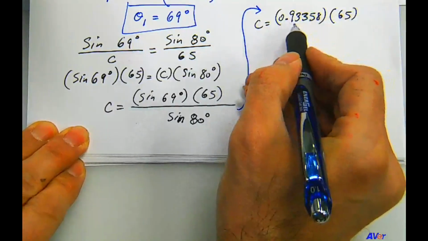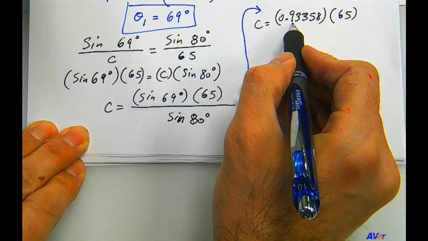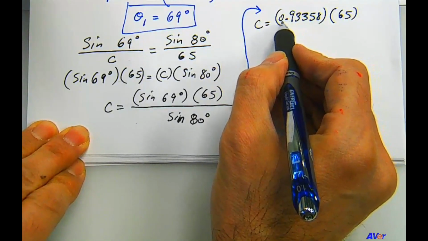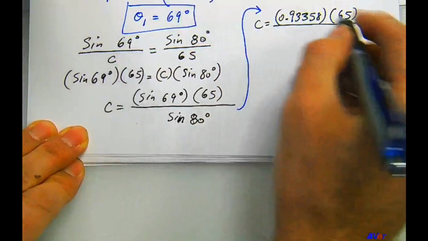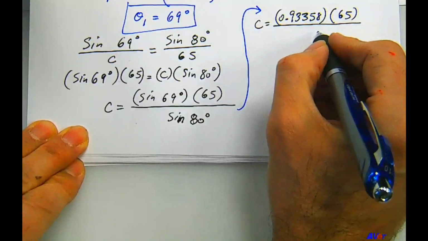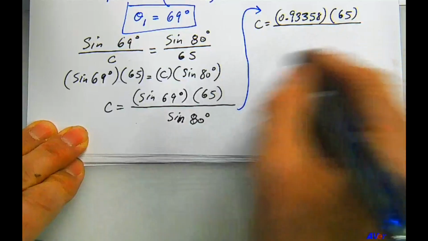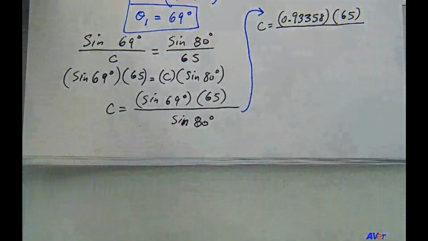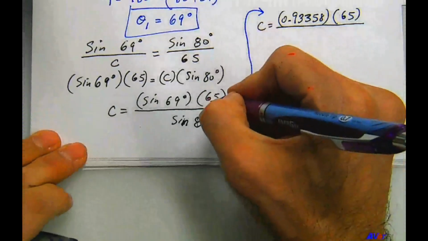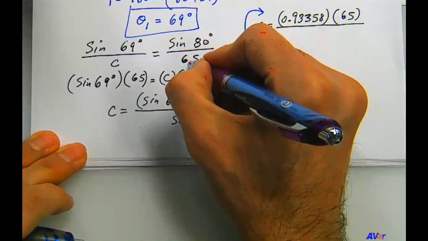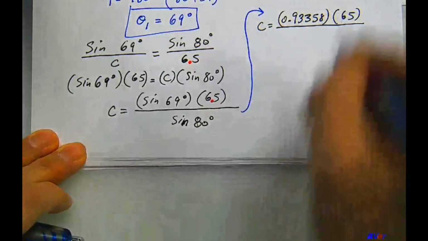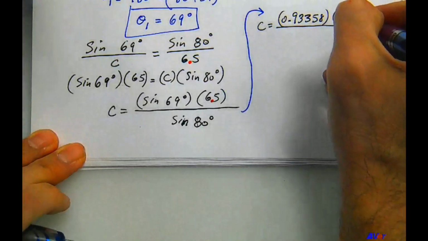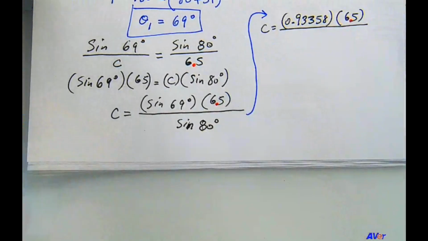So you definitely don't want to round this to, say, two decimal places, 0.93. It's going to throw off your final result by a large margin. Sorry, I need to make a correction, guys. This is 6.5, not 65. So this is 6.5, and this is also 6.5. So that's the correction.